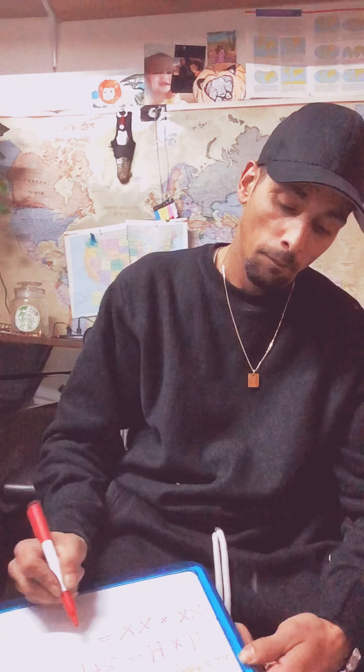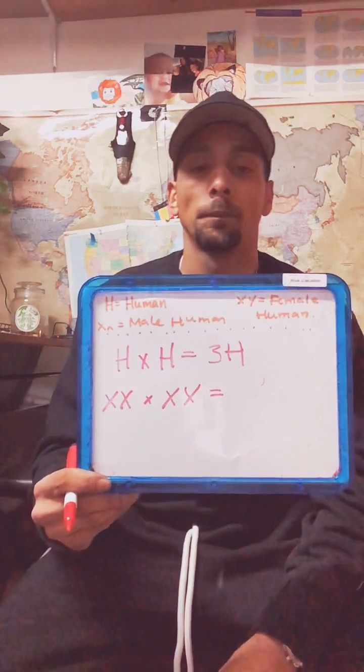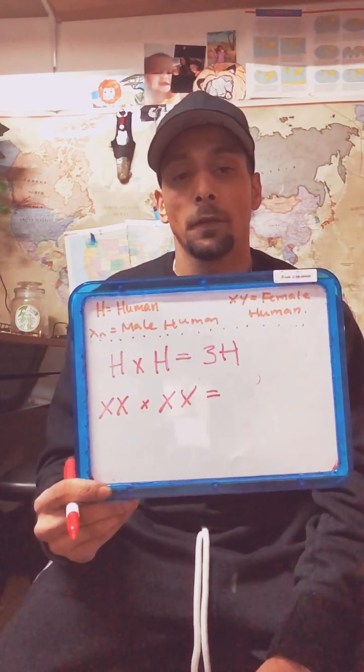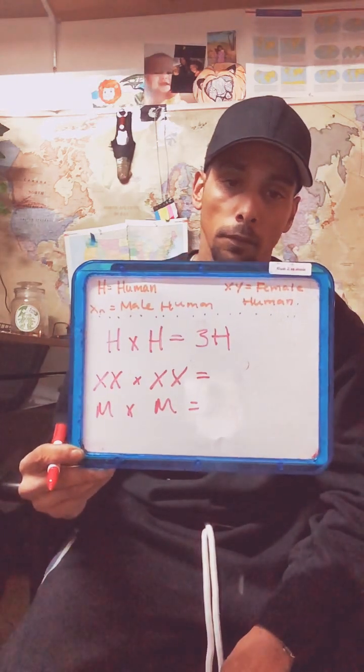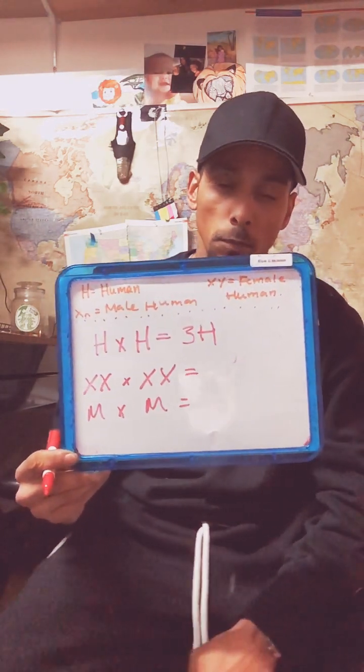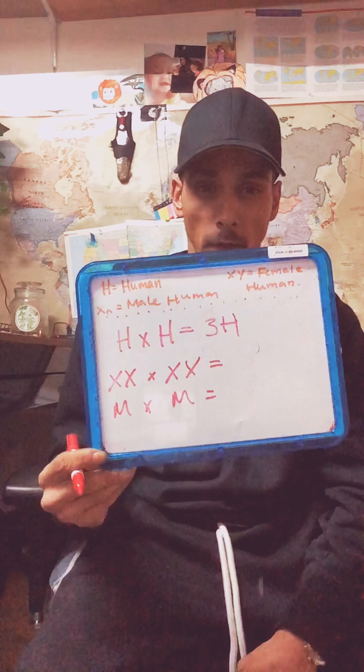What if we went like this? In nature, is that possible? XX times XX. A male times a male equals, in the academia world, you guys would say 1 times 1 equals a 1.